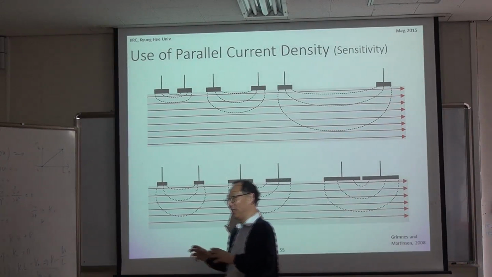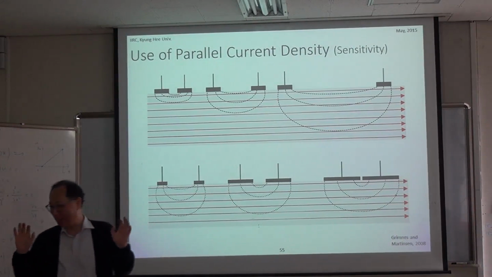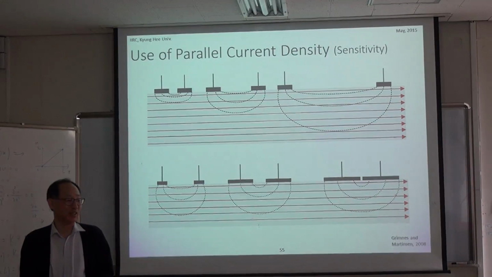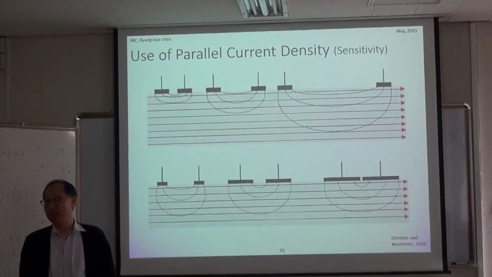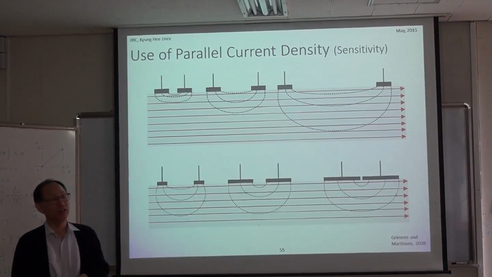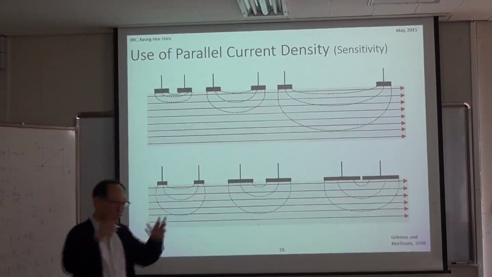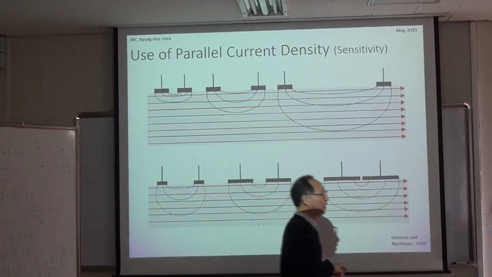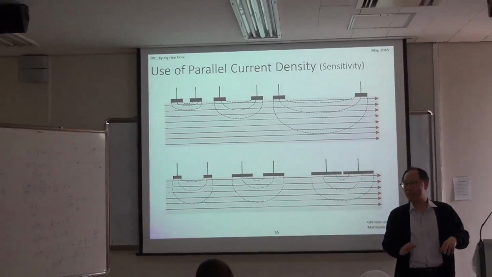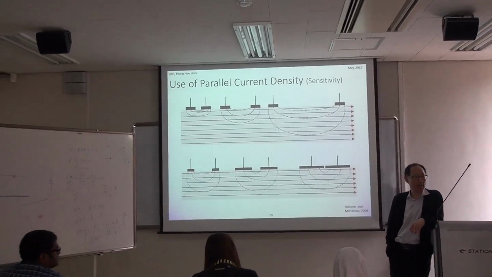So there are many things we can think about. Okay? There are many things you can think about. Given a certain case, how you are going to design the electrode configuration, then you have to think, and then you should analyze the lead field carefully.